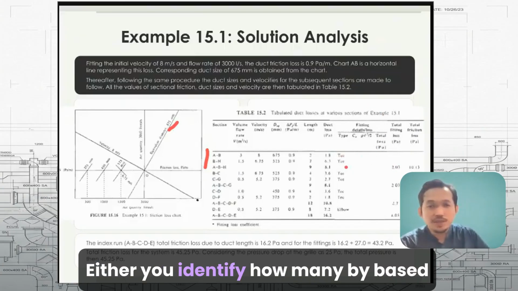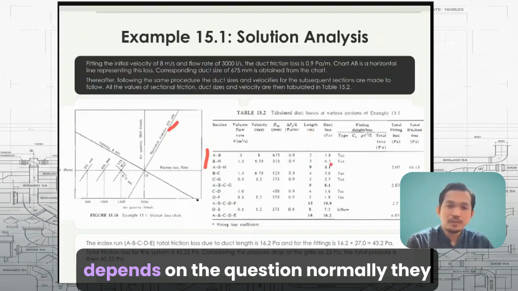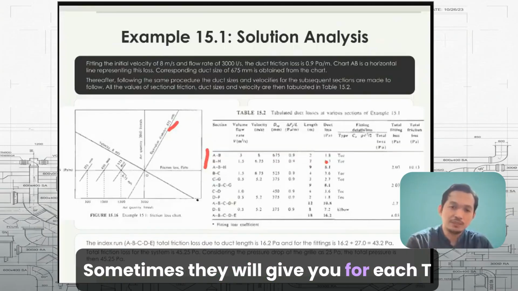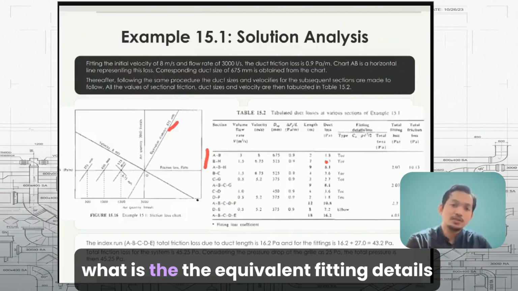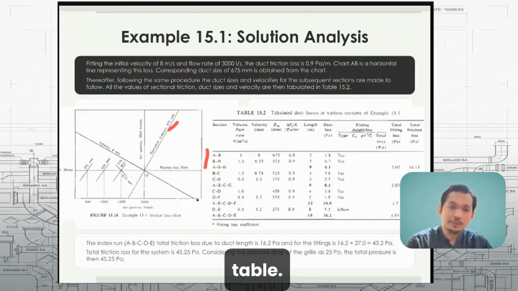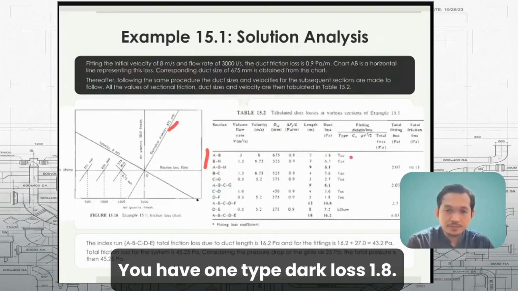Either you identify how many fittings based on the length of the duct, or it depends on the question. Normally they will give the amount of loss. Sometimes they give the equivalent fitting loss for each T, or sometimes you need to refer to a table. So for AB, this is the value, with the duct loss 1.8.